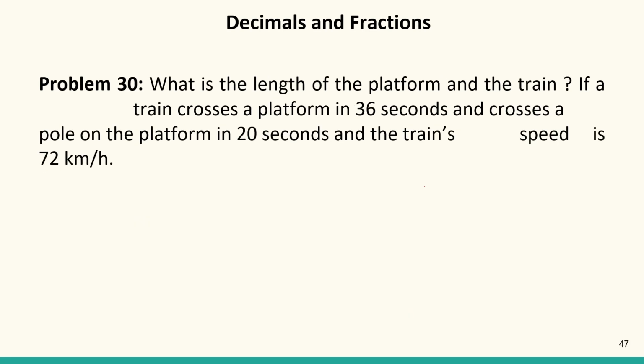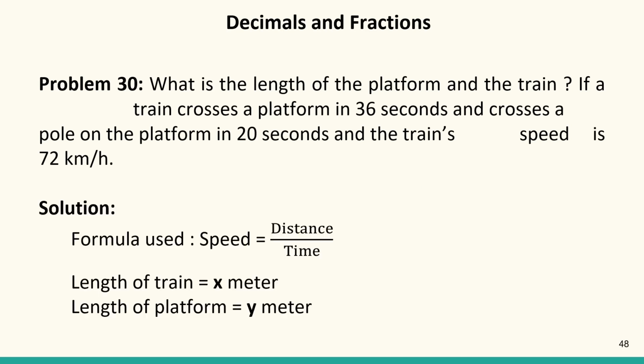Problem number 30 asks: what is the length of the platform and the train, if a train crosses a platform in 36 seconds, crosses a pole on the platform in 20 seconds, and the train speed is 72 km per hour? Let's see the solution. The formula used here is speed equals distance by time.